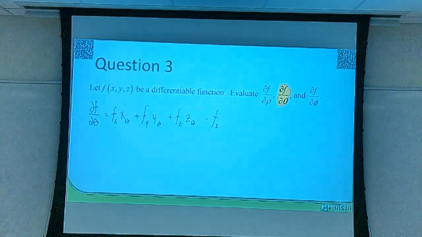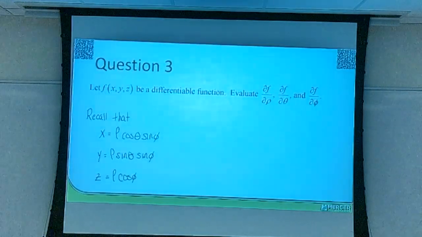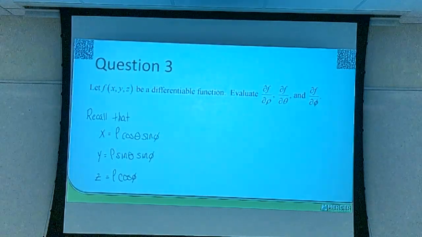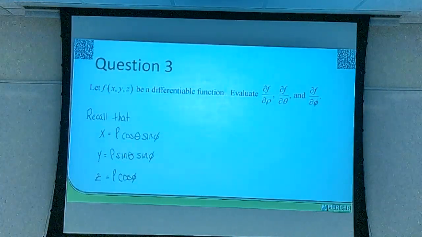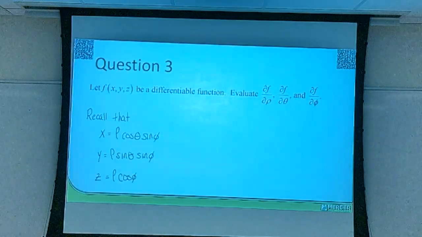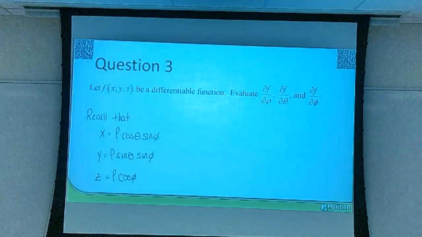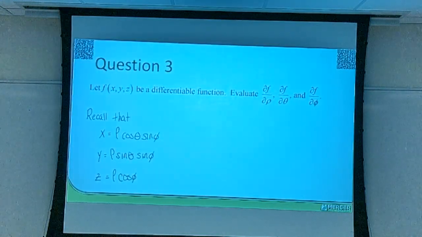Partial x, partial theta would have been just the same thing, but you take out theta.